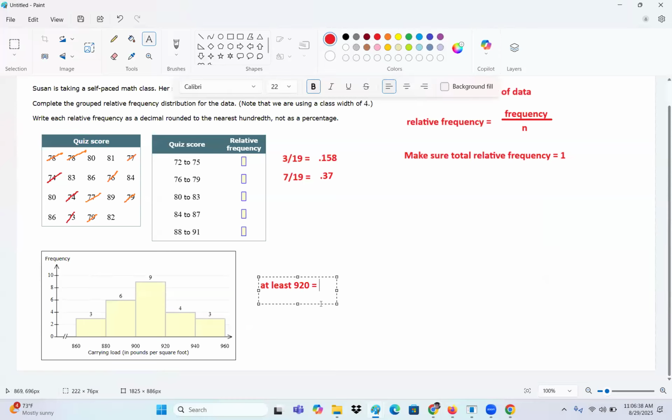At least 920, so the proportion. We have at least 920, which basically means 920 or more. So you just find the total frequency that has 920 and more, right? There are 7 of them because there are 4 and 3.